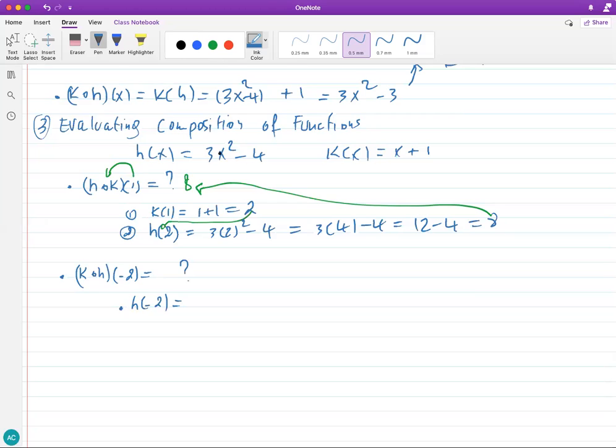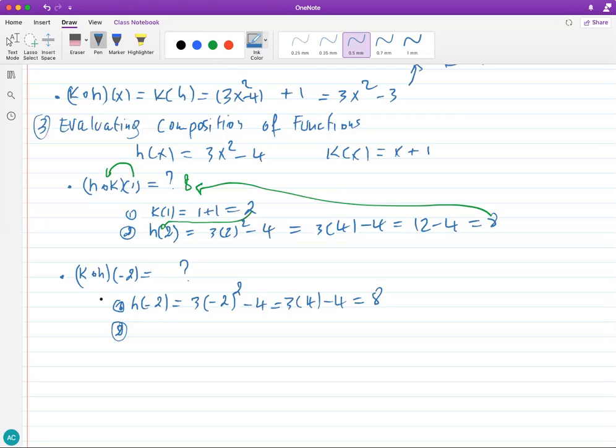So 3 times negative 2 to the second minus 4. Again, simplify this. Start with the exponent first. So 3 times 4 minus 4, which is 8. All right, what is the next step? K of 8. K of h.